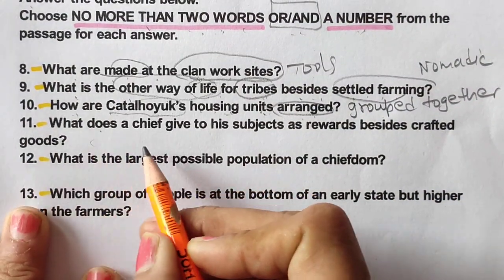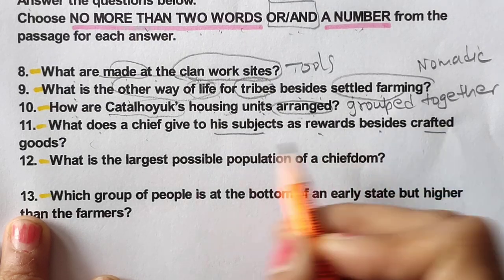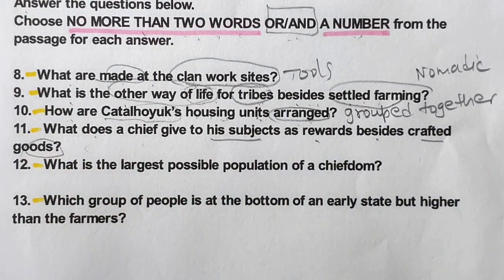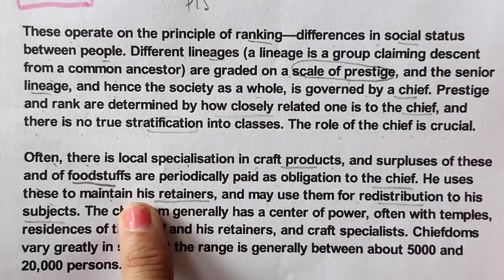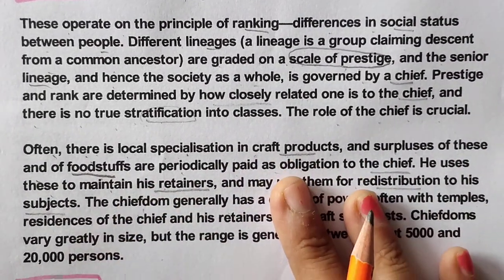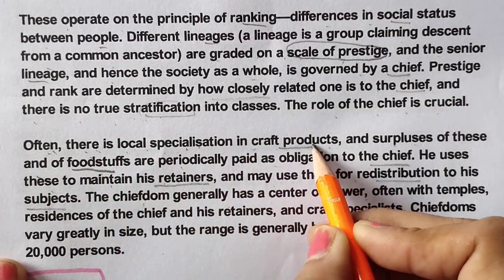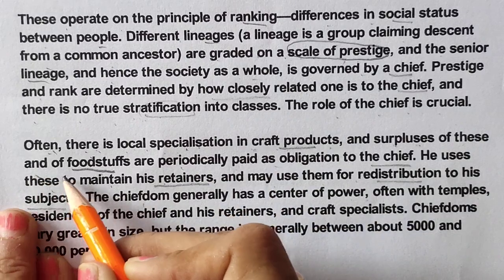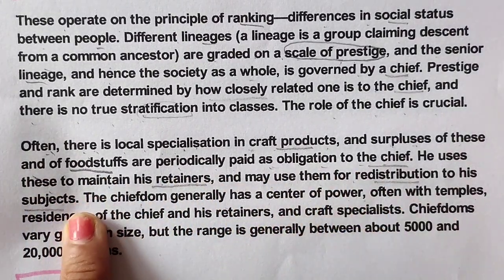Okay. So the next question is, what does a chief give to his subjects as rewards besides crafted goods? So chiefdom and crafted goods they are talking about here. We have read this point: often there is local specialization in craft products, and surplus of these and of foodstuffs are periodically paid as obligation to the chief.